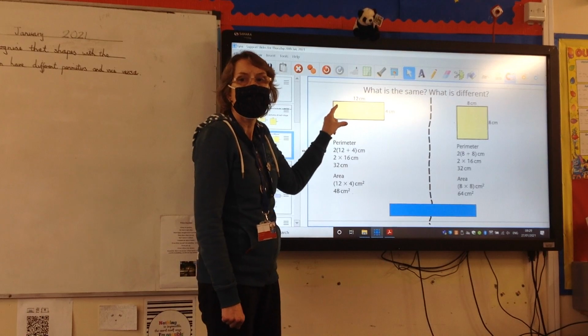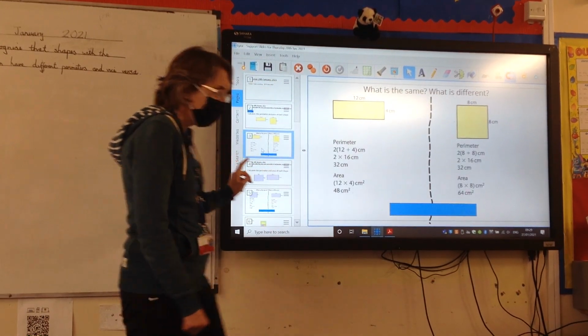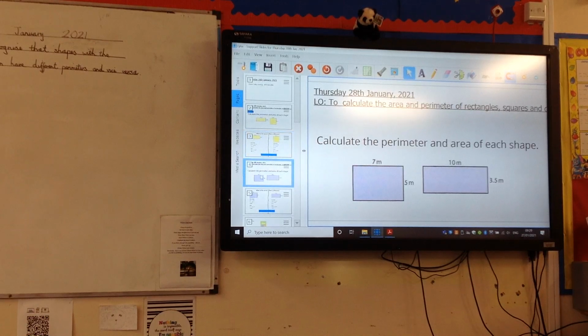Okay? Right, so I would like you to have a go at the next example and see what you notice about the area and perimeter. Have a go on your whiteboards.